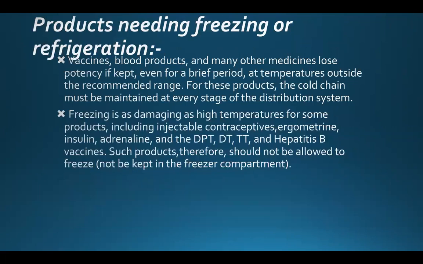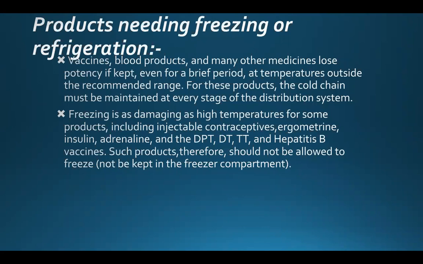Vaccines, blood products, and many other medicines lose potency if kept even for a brief period at a temperature outside the recommended range. For these products, the cold chain must be maintained at every stage of the distribution system.